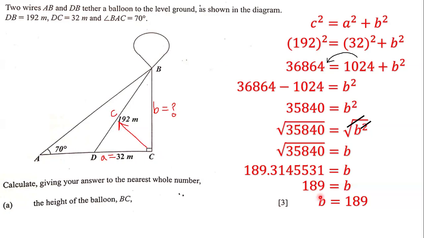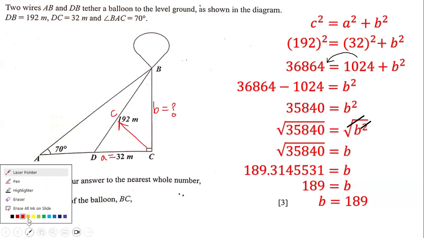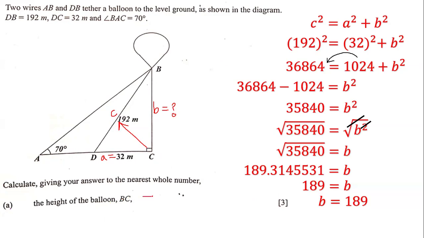And that's our answer here, 189 meters. That is the height of BC. So let me write that here. BC is equal to 189 meters. That's the answer here.